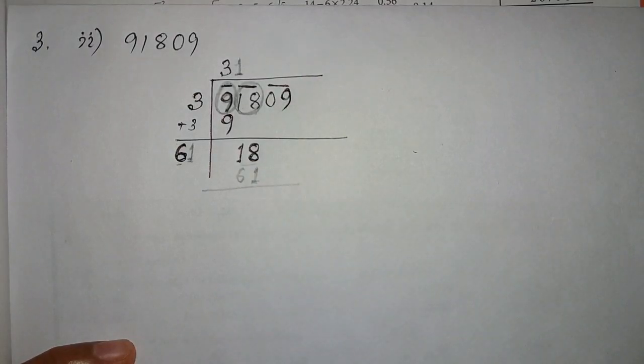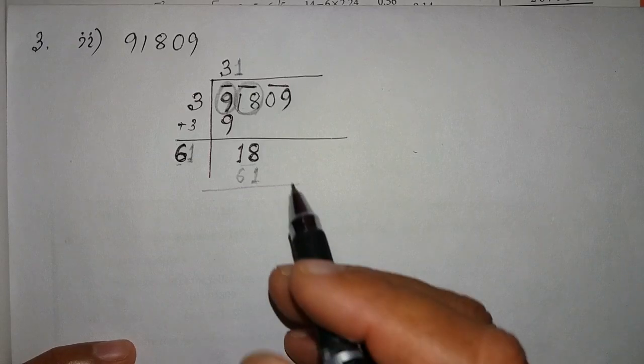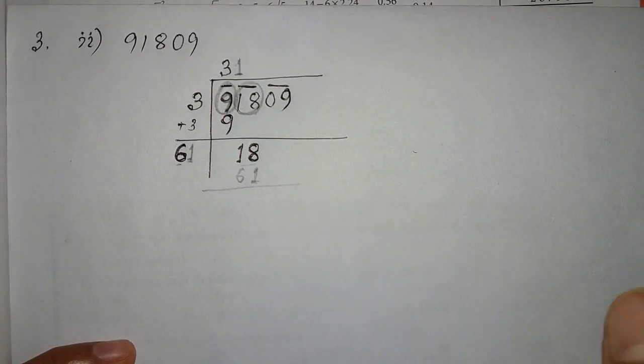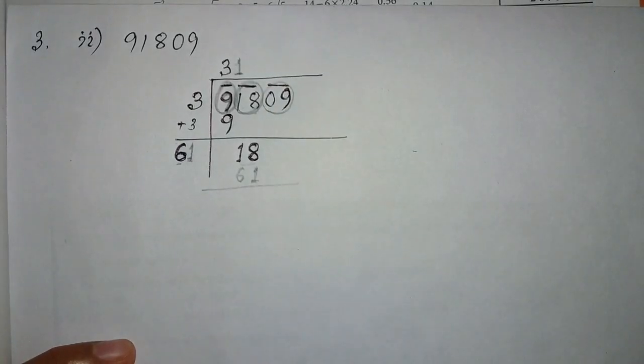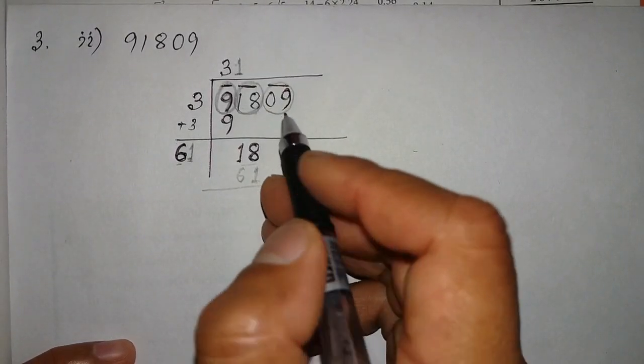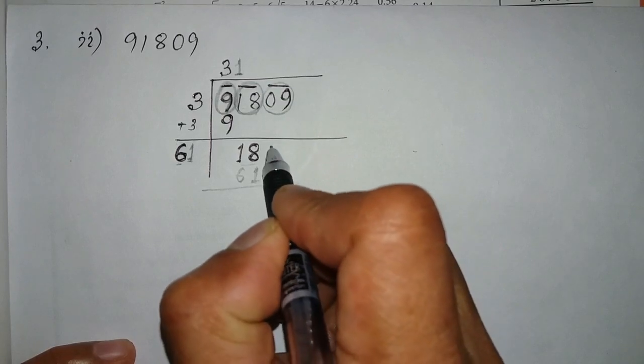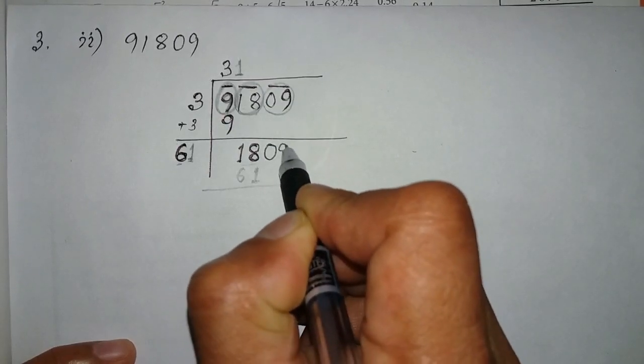So in this case, what you will do is take down the next bar, that is the digits in the next bar. So in the next bar we have 0, 9. So you will take down here 0, 9.